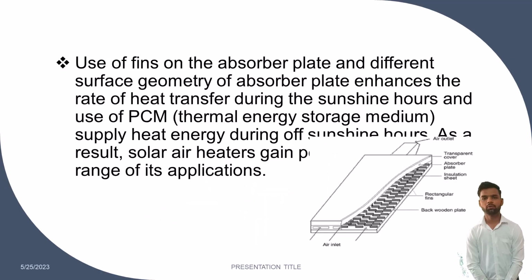Use of fins on the absorber plate and different surface geometry of the absorber plate enhance the rate of heat transfer during the sunshine hours. And use of PCM, a thermal energy storage medium, supplies heat energy during off sunshine hours. As a result, solar air heaters gain popularity in a wide range of applications.